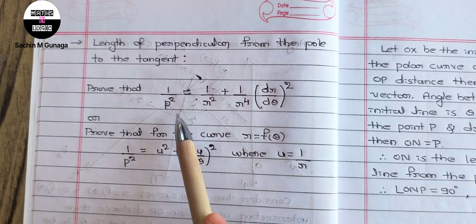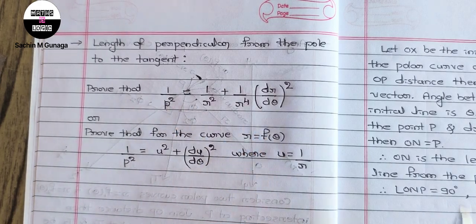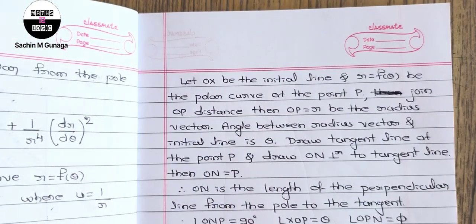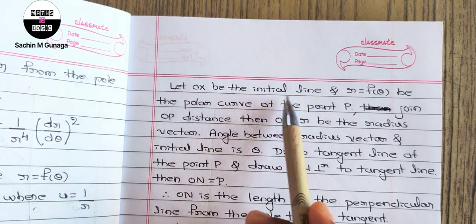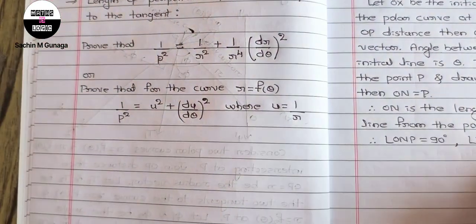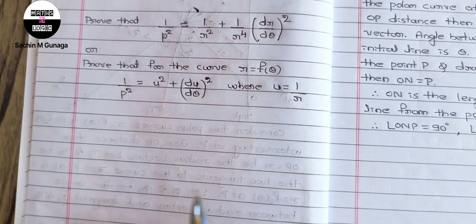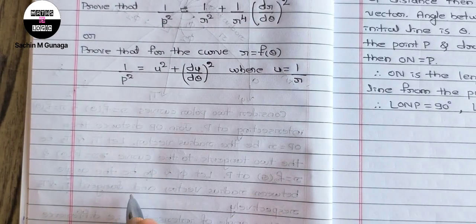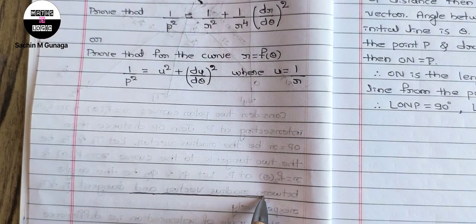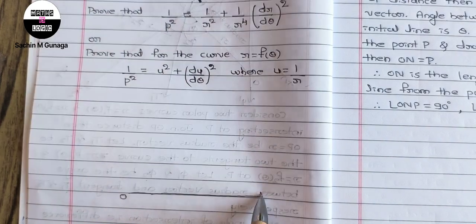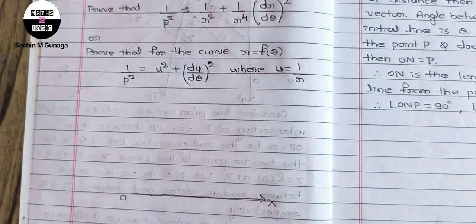So, if you want to prove this result, first, let OX be the initial line. We need to consider one initial line. So this is O and this is X, the initial line.